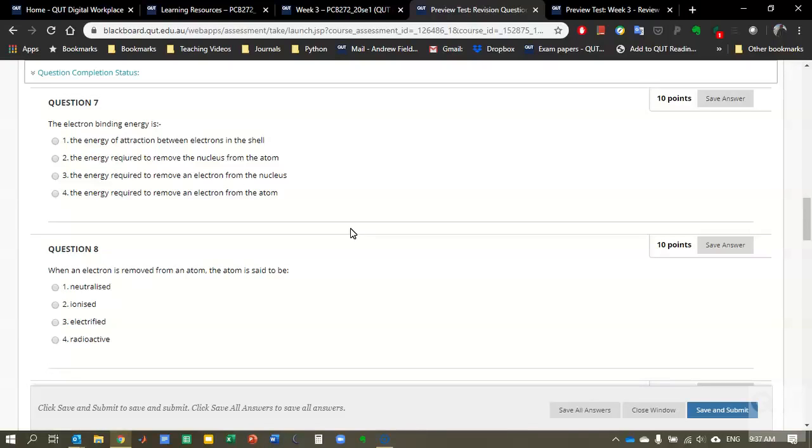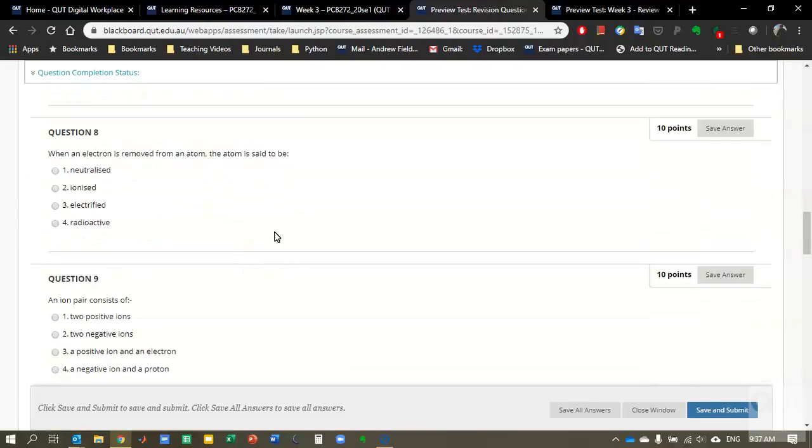Okay, so we define the electron binding energy as the energy required to remove an electron from the atom. So when an electron is removed from an atom, the atom is said to be ionized.